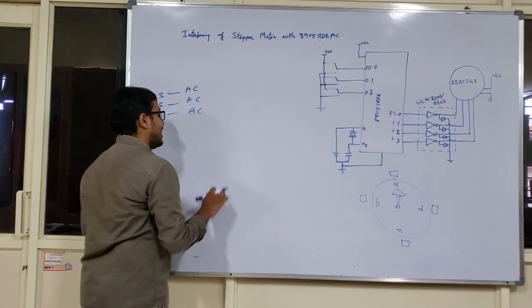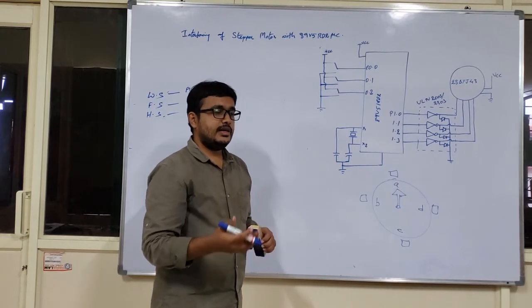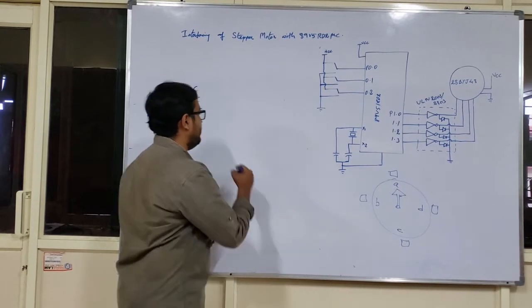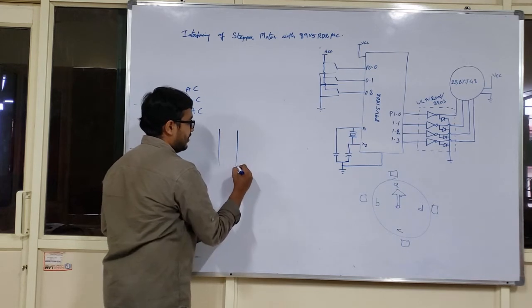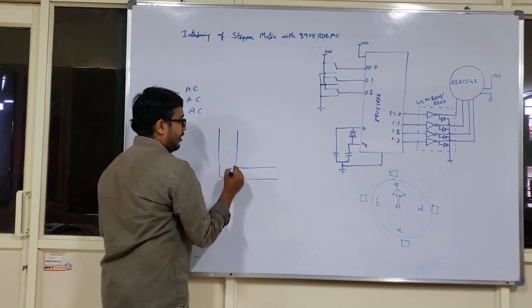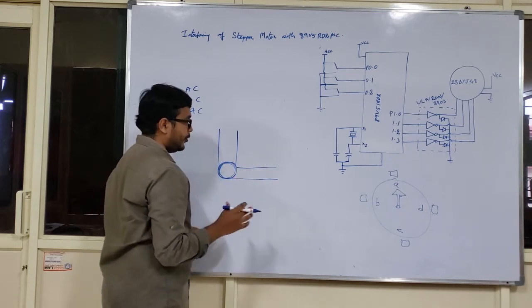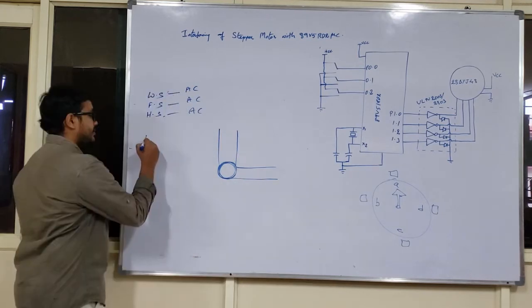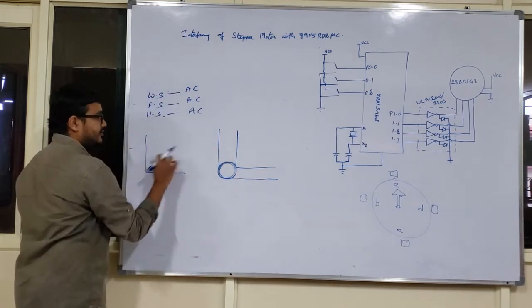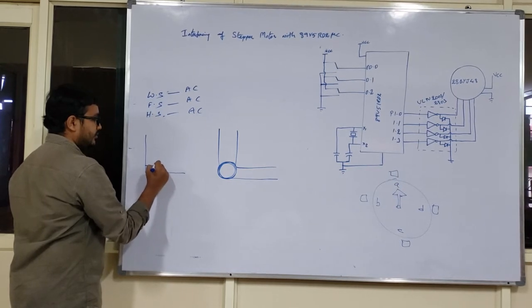This stepper motor has tremendous application in the robotic industries, for example robotic arms. Let me consider this is my robotic arm. I have placed a stepper motor at the elbow of the robotic arm, the robotic hand. This is the representation. So this one is 90 degrees.